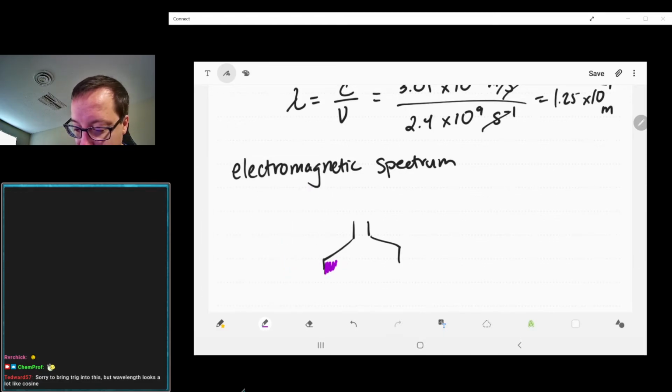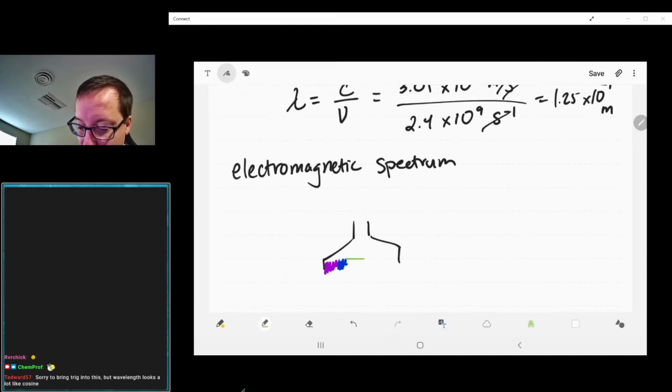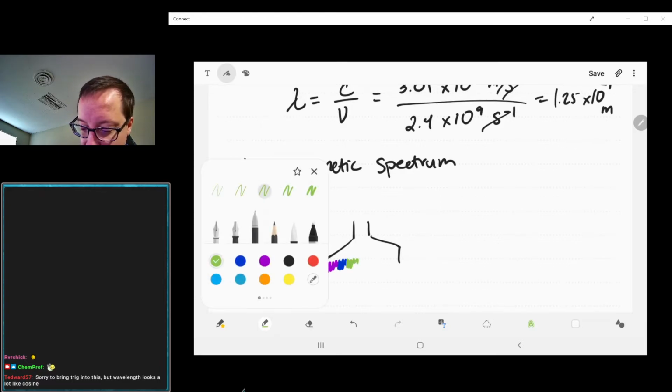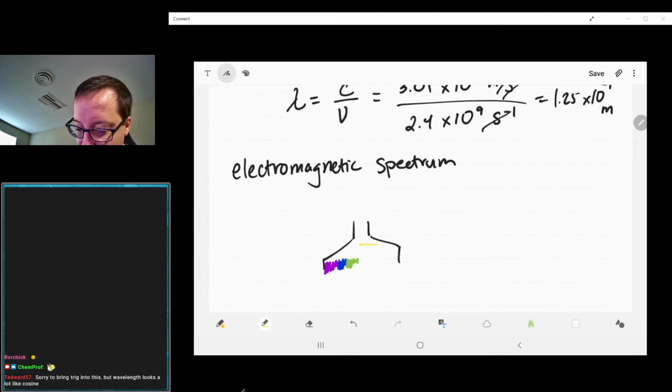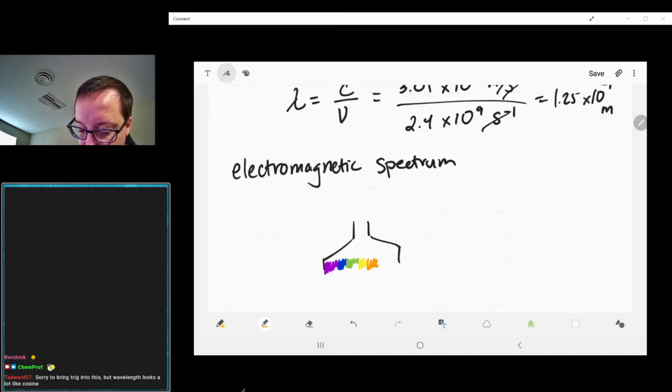We can see light within actually a very small range. Some insects and shrimp can go way further than we can in terms of sight. But hold on, let me draw my rainbow here. We're kind of pretty limited. Oh dear. Here, let's just have that red go longer, whatever. Okay.